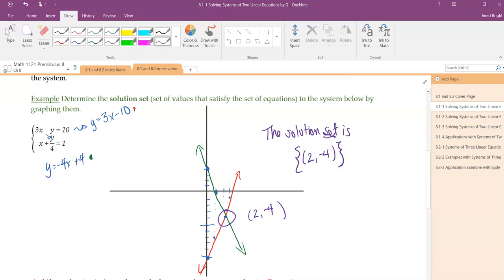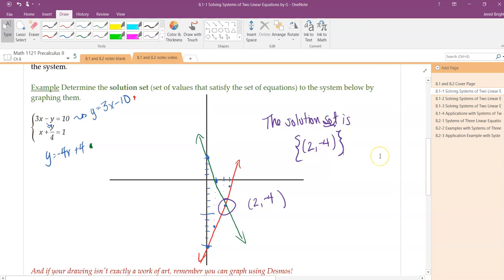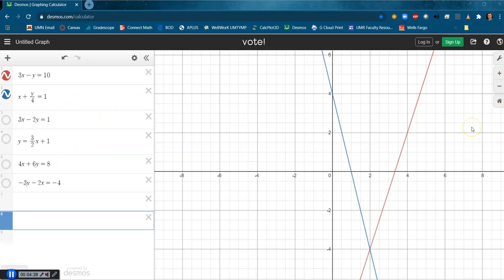Okay, so whenever we're asked to state the solution set, it's stated in this form. Certainly, to get a better picture, you can hop into Desmos. Here I've graphed the two equations, the first one in red, the second one in blue.